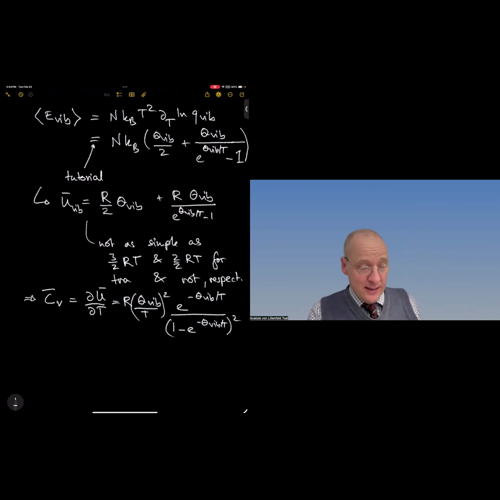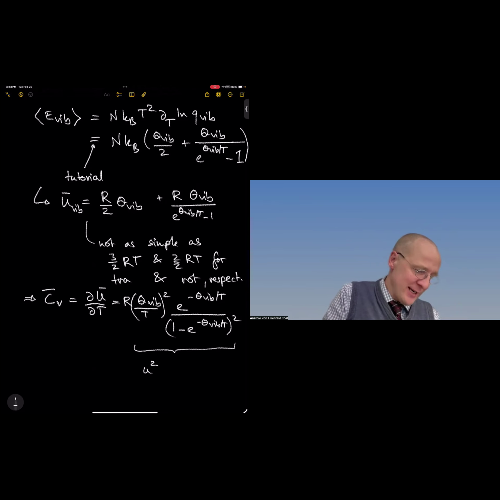This might look a little bit messy, but actually this product here has an outstanding place in the history of physics. If you use this u to describe theta over T, you can write it simply as u squared e to the u.